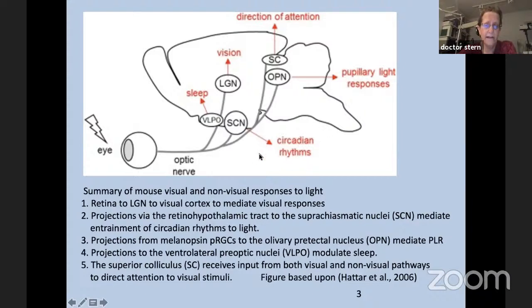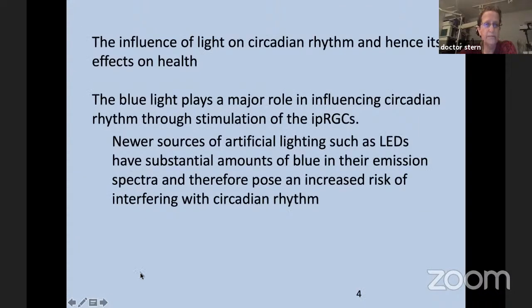It does regulate our circadian rhythm through what's called the suprachiasmatic nucleus. And we know that it goes to V1 in occipital cortex, and then travels in both the ventral and dorsal stream for sight. So it's all written out there for you. And then the influence of light on the circadian rhythm also plays a role in health.